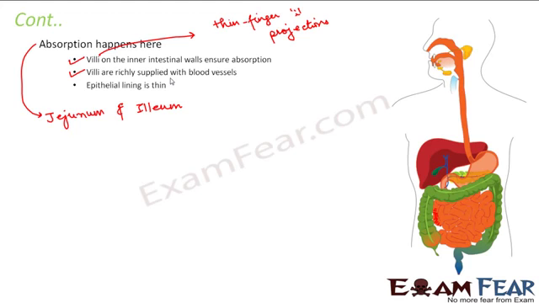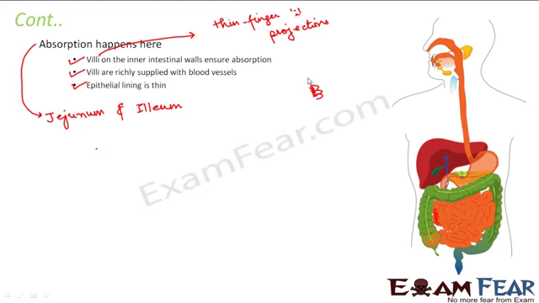Right? And then again we see another thing, that the epithelial lining is thin. We have already studied about the epithelial tissue, right? What is epithelial tissue? It forms the outer covering. So they form the skin of all the tissues. So this epithelial lining is thin. Why is it thin? Because this villi, let us suppose if these are the villi, they are attached with blood vessels. So when villi absorb the nutrients, it will pass to the blood vessels.